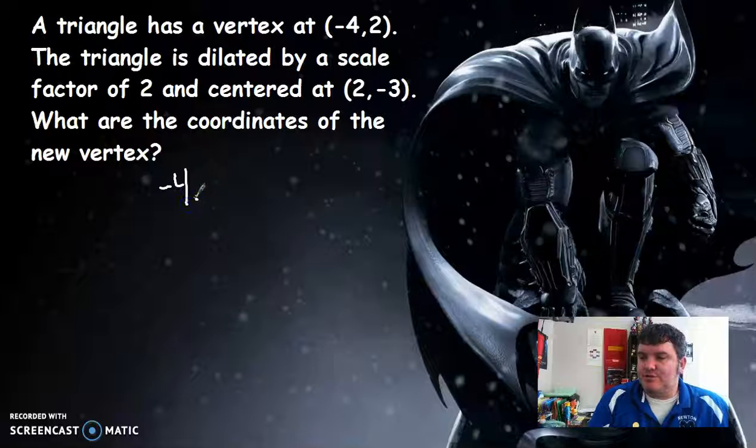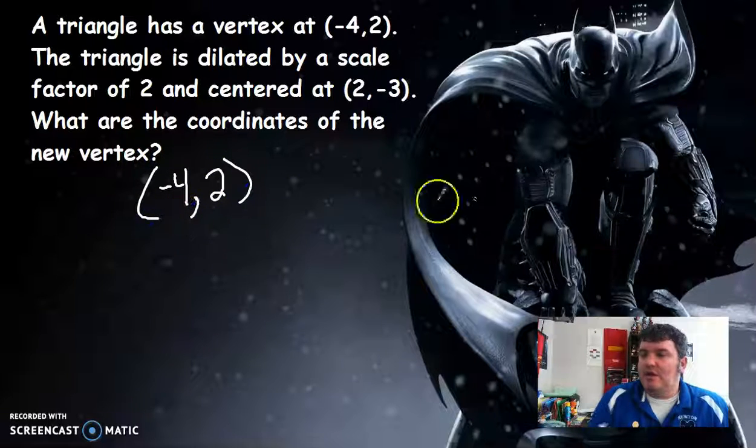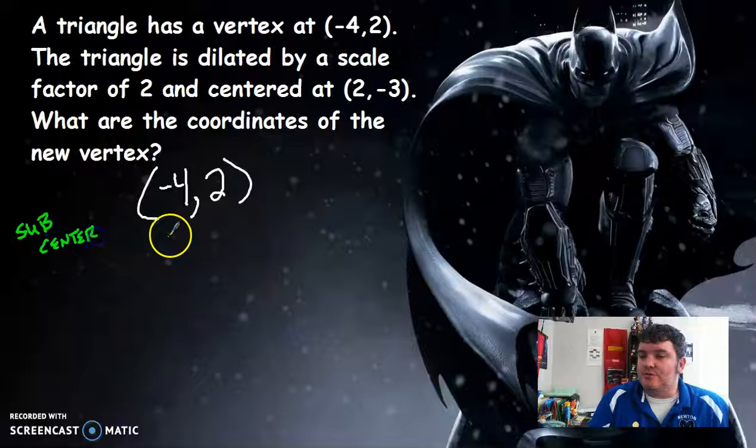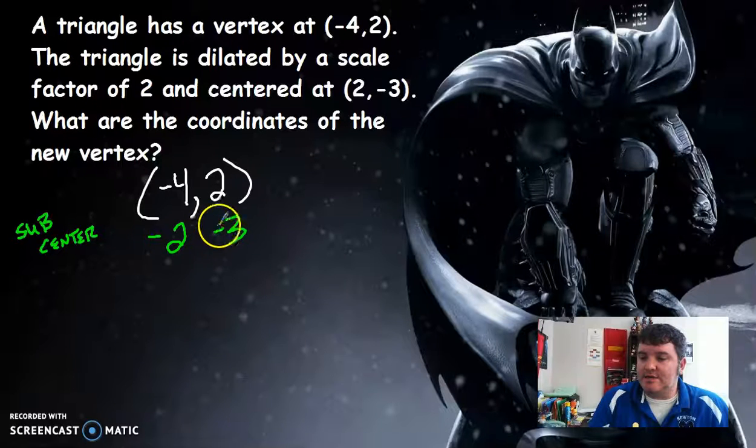I start with my original coordinate, which was -4, 2, and I am going to subtract the center. So the center was 2, -3. If I subtract it, I'm subtracting 2, and I'm subtracting a -3, which really means I'm doing the opposite, so plus. And that makes -6, 5.